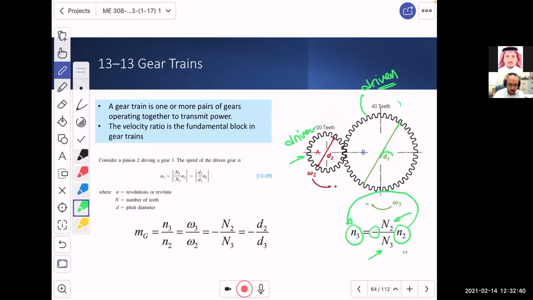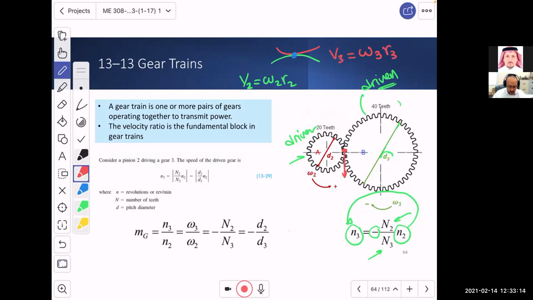That's the meaning of the sign. Okay? Of course, you know the origin of this relation. The origin of this relation starts right there at this point when the 2 teeth come together in contact at one point, and we end up saying that V2 equals omega 2 R2, and then V3 equals omega 3 R3.